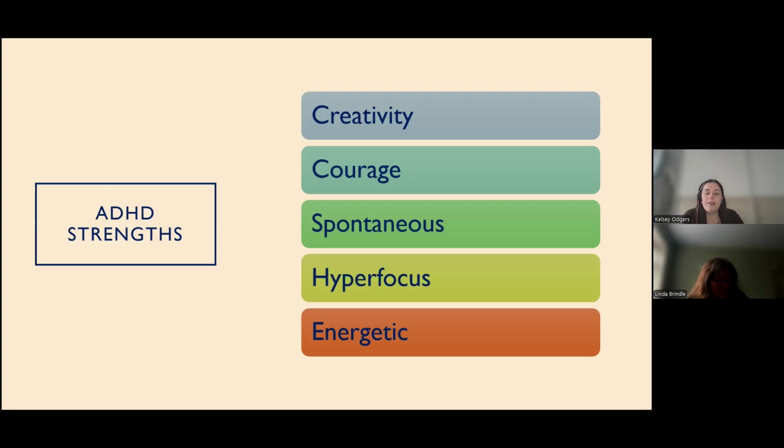It can also make young people much more courageous in taking positive risks or trying new things and making brave chances for themselves, which makes life feel more fun for them and for everyone around them. People with ADHD are often much more spontaneous, which can be really fun for others to be around. So they might be really great, for example, at coming up with a game on the spot for their friends or their family to play.